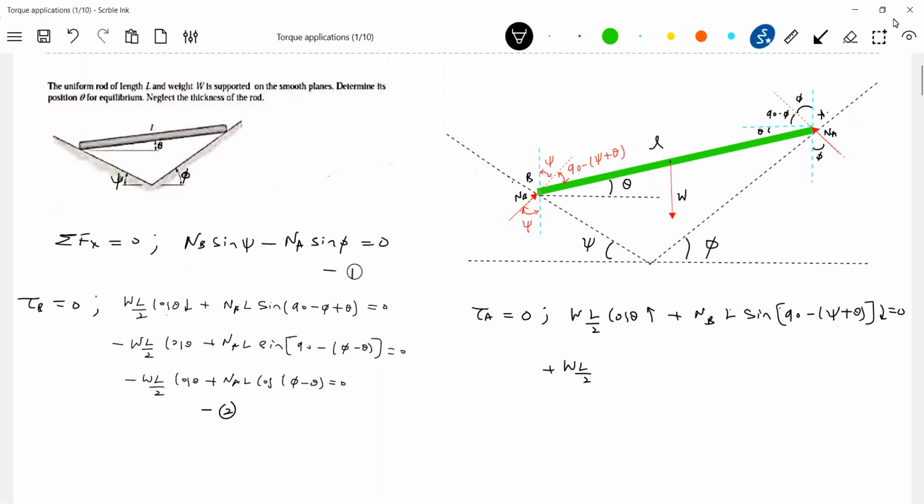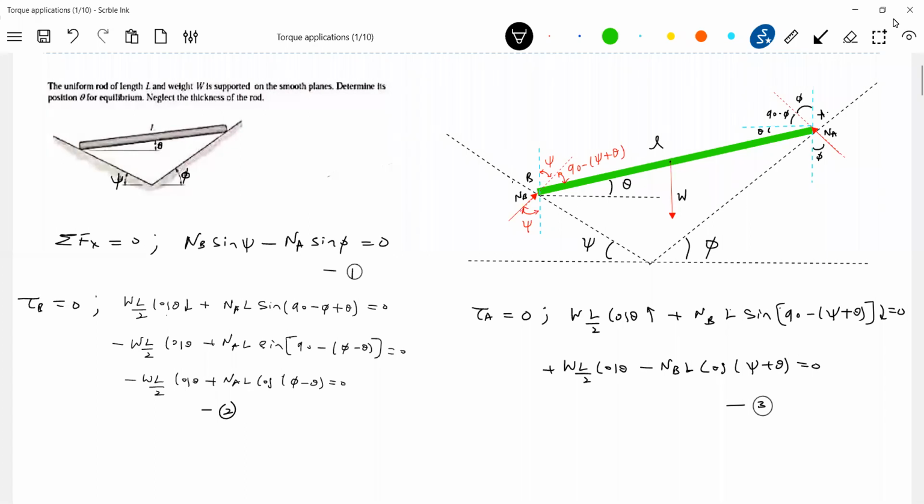Anti-clockwise we took positive, W L by 2 cos theta, this will be negative. NB L sine of 90 minus theta will be cos theta. L will get eliminated.